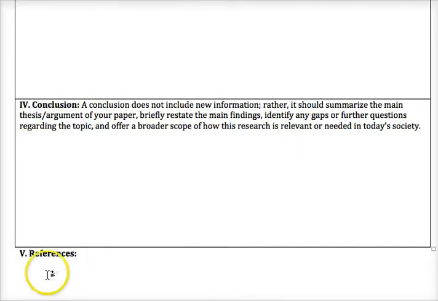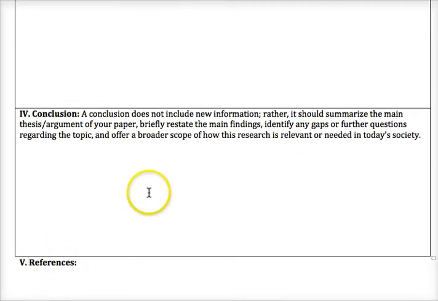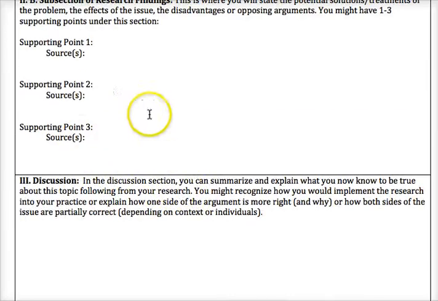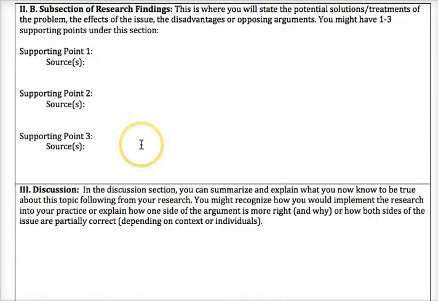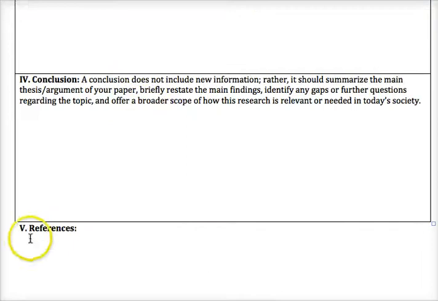Okay, so that's where you're going to list all of the sources that you've used within the paper itself. And you're also going to use in-text citations within the research findings section to indicate which research sources you've used within the paper itself. And those are going to be also listed at the end of your paper in the reference section.